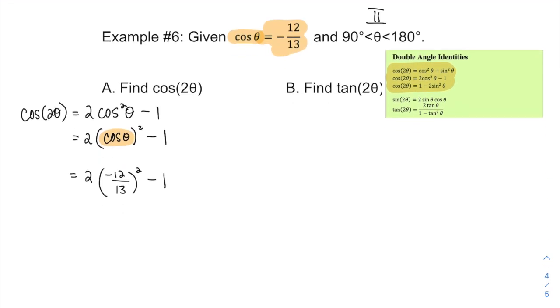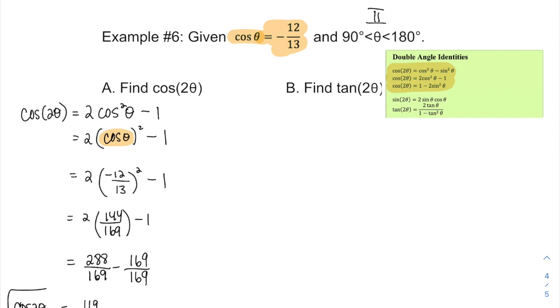From there, negative 12/13 squared, well, that's 144 over 169. So that's 288 over 169 minus 169 over 169, which means we get a final answer. I'm going to use my calculator so I don't make a mistake here. 119 over 169. And I don't think that reduces. Let me check real quick. It does not. There's your final answer.